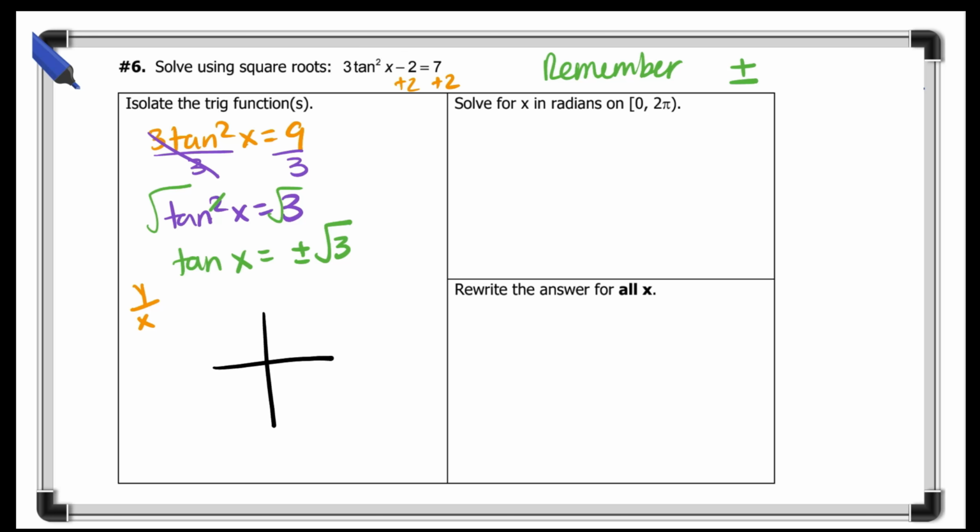So let's figure out where we would be on our unit circle. Now we need to think about where I get the square root of 3. That would mean I get root 3 over 2 over 1/2, because the 2's would cancel and I would be left with root 3 over 1, which is the square root of 3. Now think about where that point is.